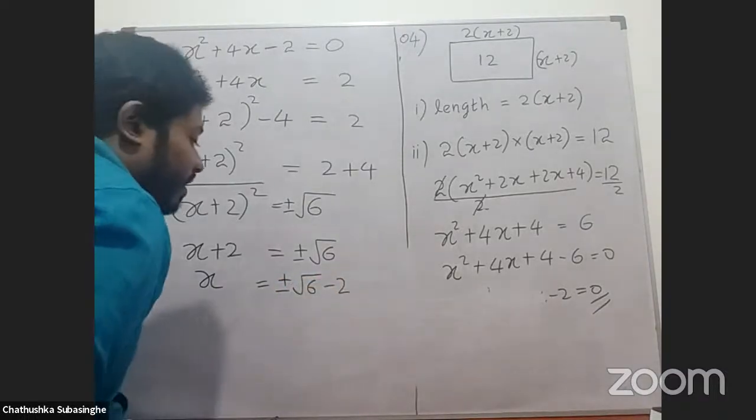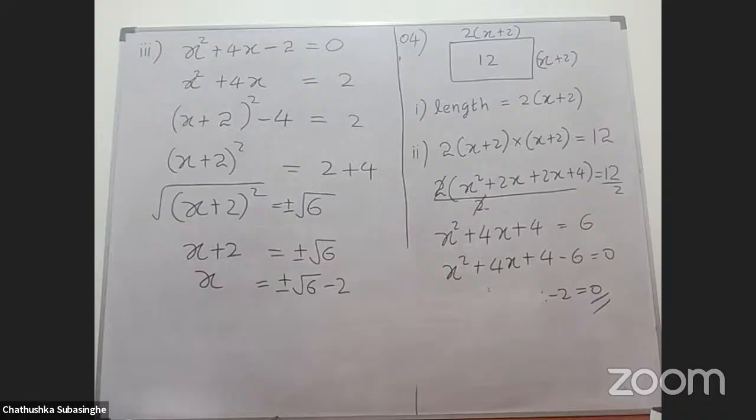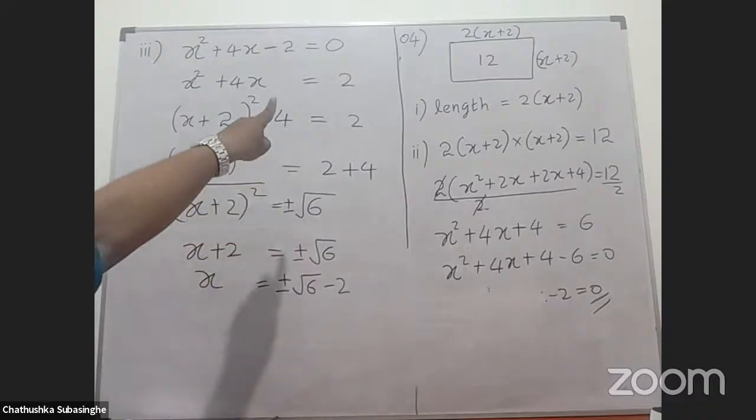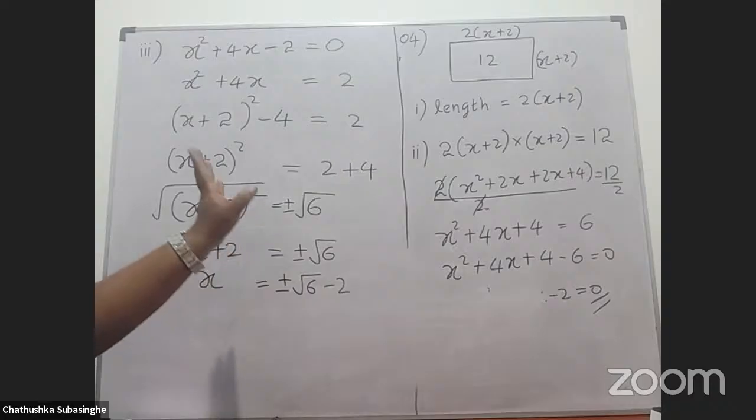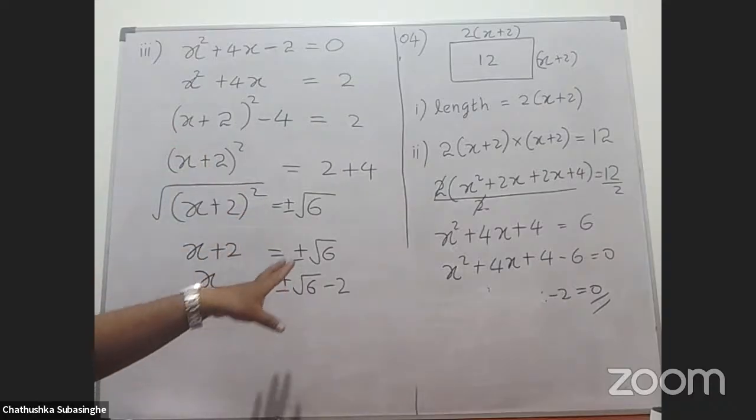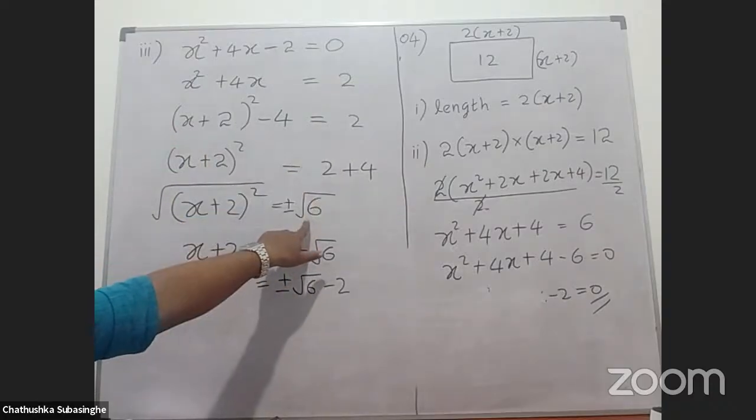Then I have to simplify this. So you can see in the question that they have given, square root 6 is equals to 2.45. So that's how I identified that I have made a mistake when I was working out in here. Because in the question they have given square root 6. But when I have minus 2, I don't get the square root 6.